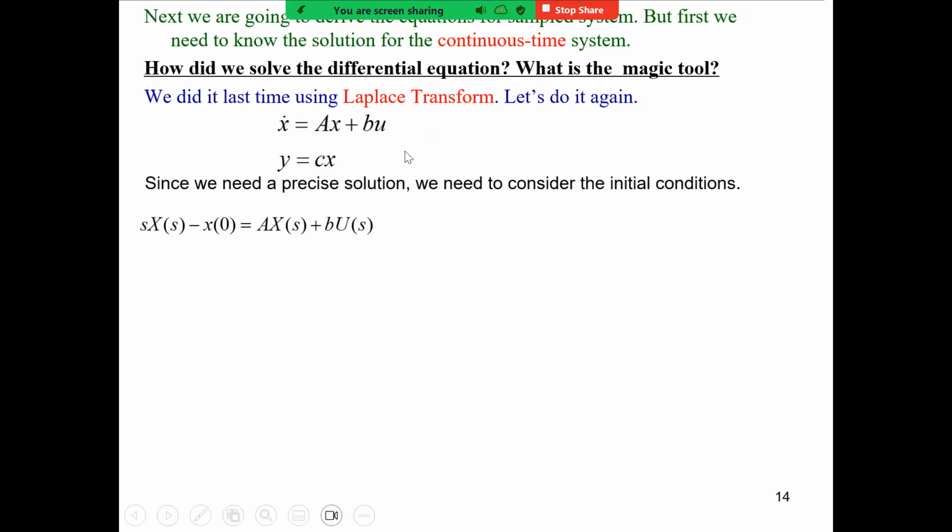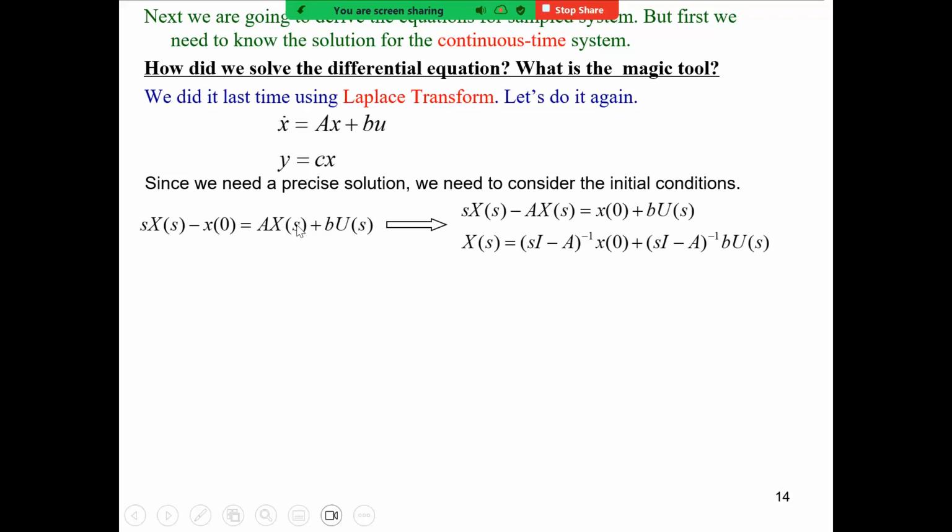If we apply the Laplace transform, there is an x dot, so that's why we have this s, and also we need to consider the initial condition. So therefore, I have this x0. On this side, of course, there is no differentiation, there is no s, so just Ax plus Bu. So easily, now you already have an algebraic equation, and then you can get the solution.